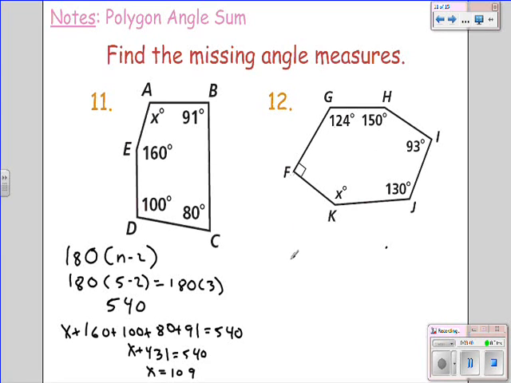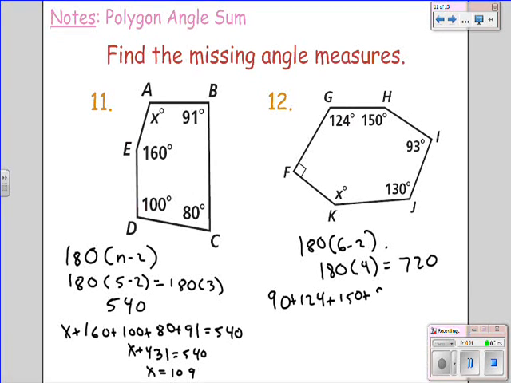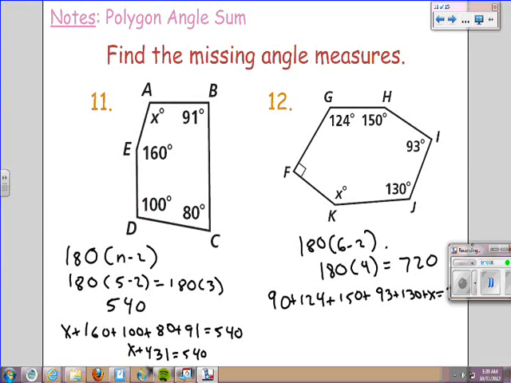Okay, this has 6 sides, so 180 times 6 minus 2 gives you 180 times 4, which equals 720. So you get 90 plus 124 plus 150 plus 93 plus 130 plus x, I'm just picking all the angles, equals 720.